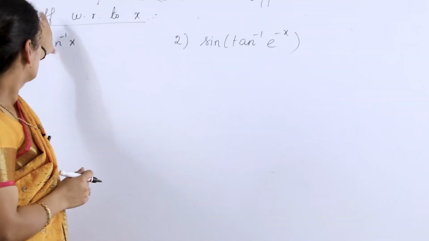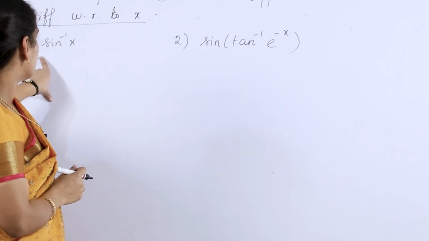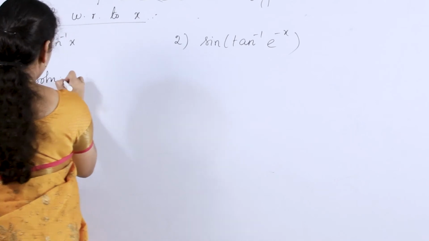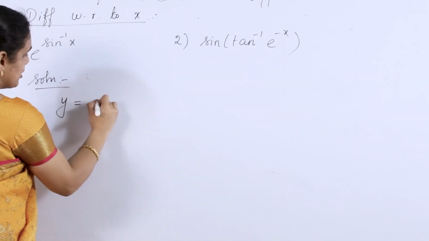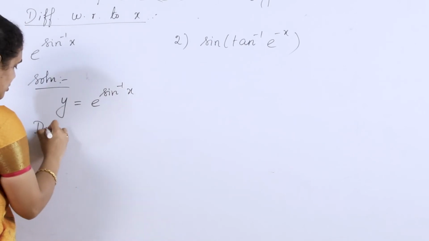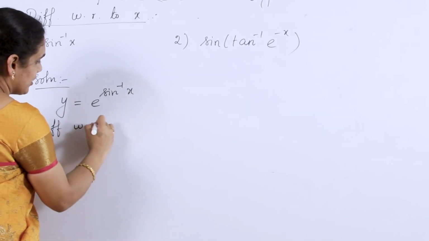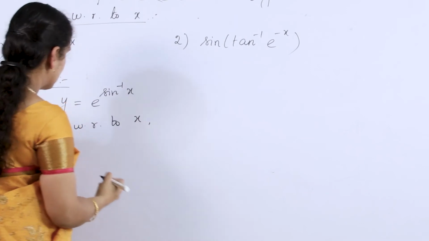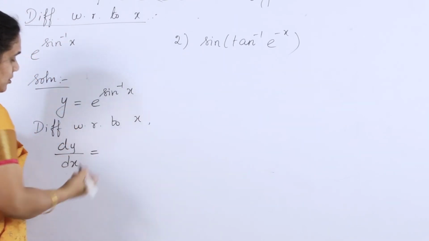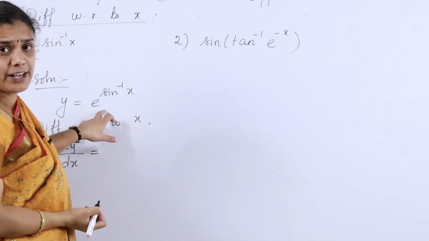The first one is: differentiate with respect to x, e to the power sine inverse of x. Let us assume this as y equal to e to the power sine inverse of x. We are going to differentiate with respect to x. So dy by dx is equal to the derivative of e power x, which is e power x.